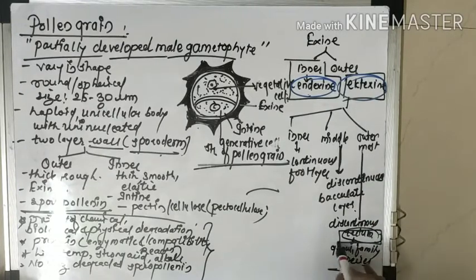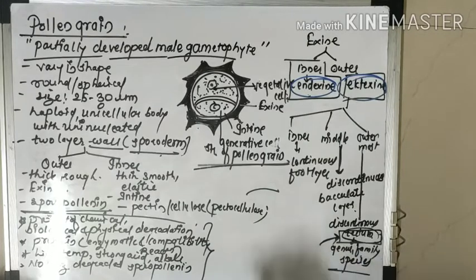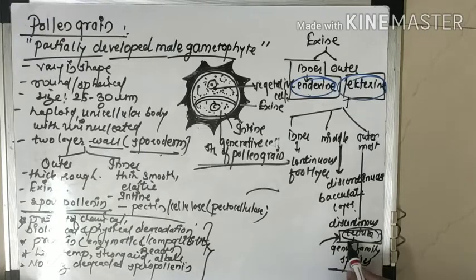This tectum plays a significant role in the identification of the pollen grain. Not only is the tectum layer used for identification, but it is also used to assign the pollen to its family, genus and species.